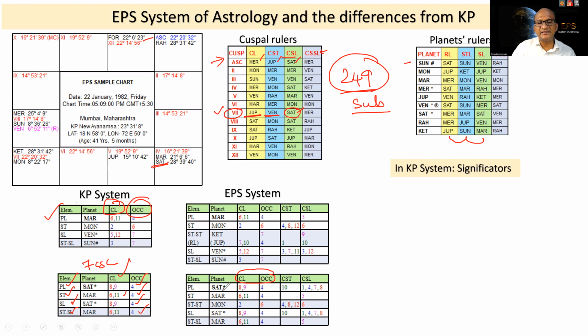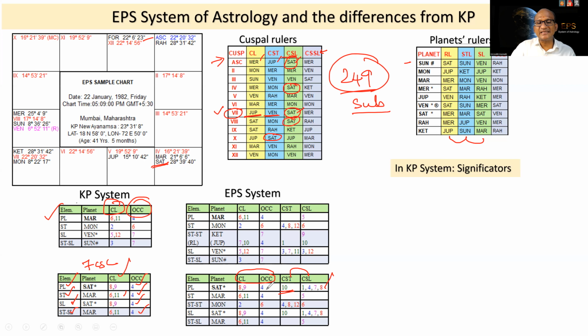But Saturn is not only the 8th lord and 9th lord, it is also the cuspal star lord for the 10th house. And it is the cuspal sublord for 1, 4, 7, and 8. You can see here, so we take these significations also in addition to the CL and OCC.